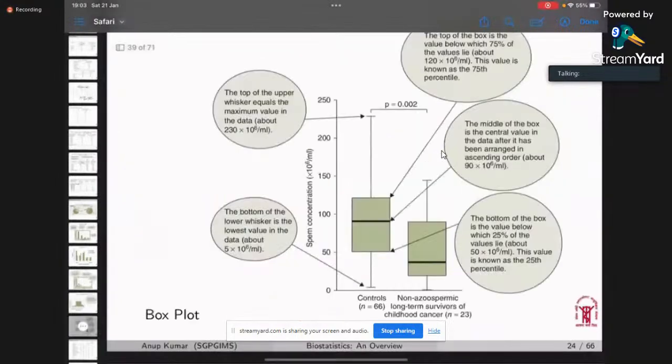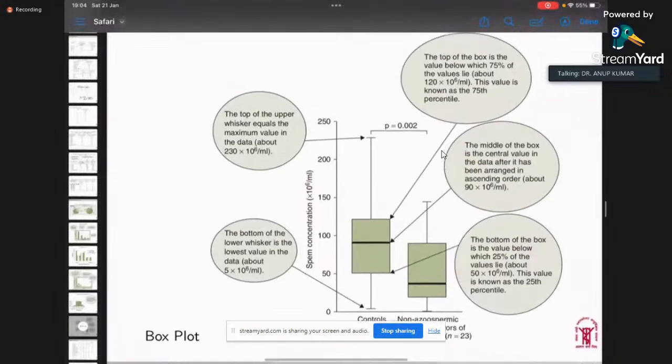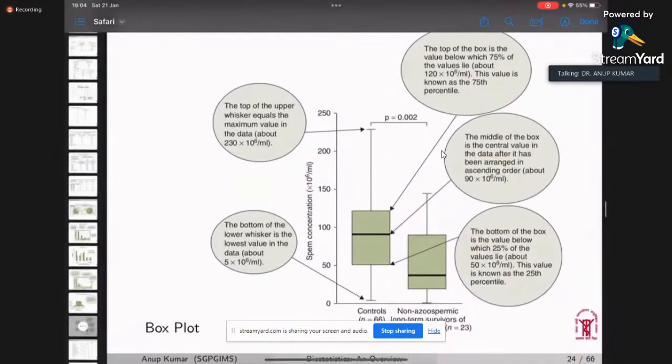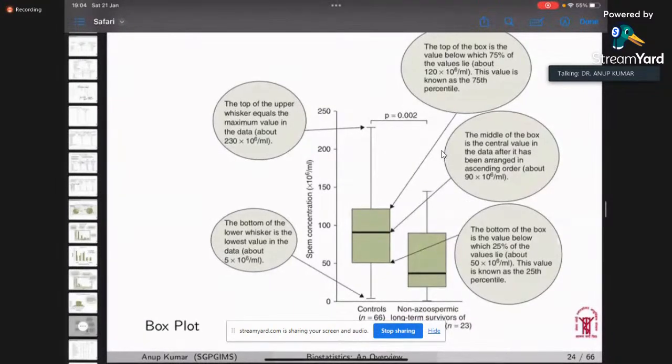This particular graph is termed the box plot, and this is one of my favorite charts. Why? Because this actually illustrates a lot, because the role of the table and the graph is to describe data, and we are just discussing descriptive statistics.